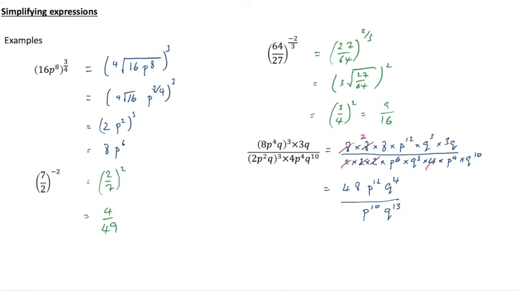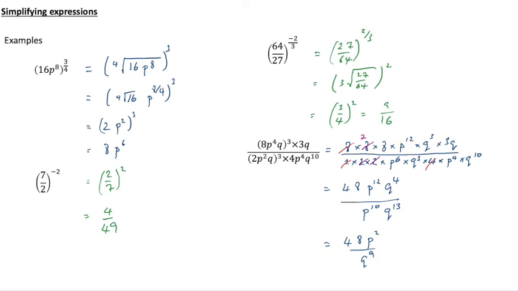On the bottom all the numbers have been cancelled, but I've got p to the 6 times p to the 4, which is p to the 10, and I've got q cubed times q to the 10, which is q to the 13. And now I can do the subtraction of when we're dividing powers, so that gives me 48p squared on the top and q to the 9 on the bottom.